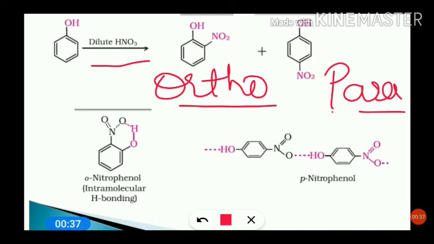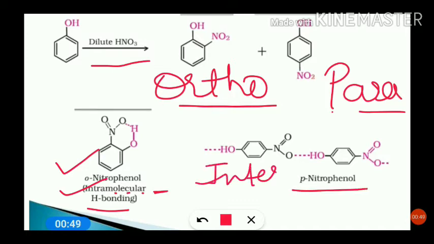As you can see, the reason is that in ortho-nitrophenol, intramolecular hydrogen bonding is present, but in para-nitrophenol, intermolecular hydrogen bonding is present, which gives rise to association of the compound.